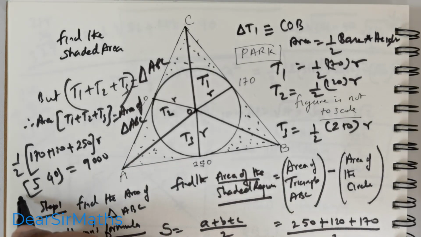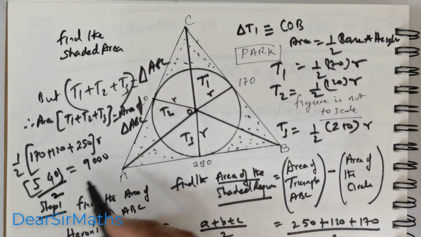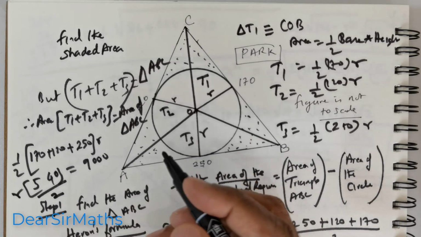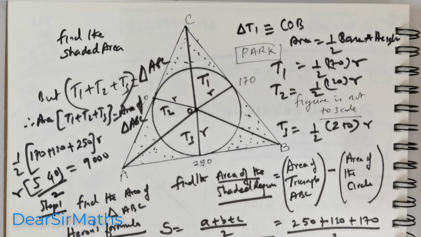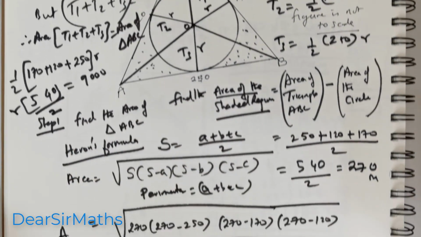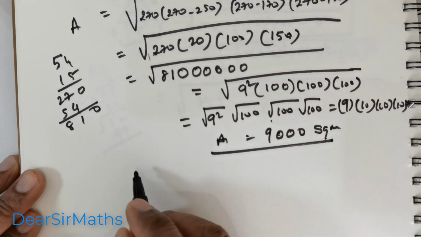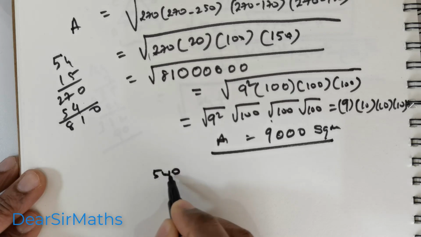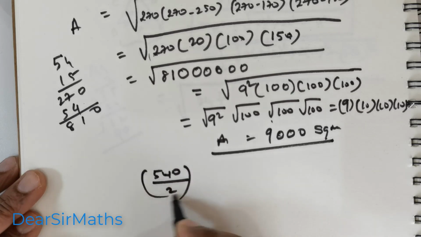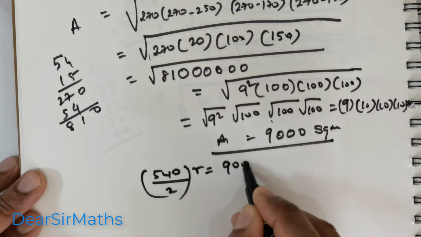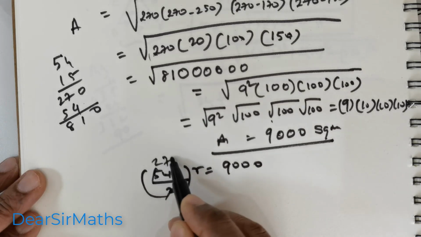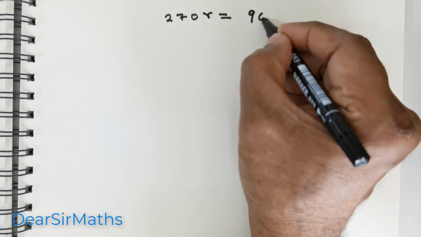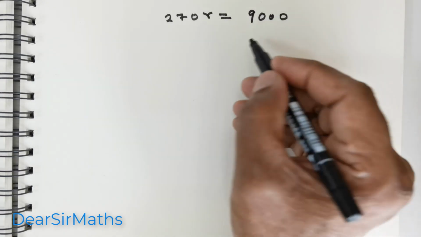So I have 540 divided by 2 times r is equal to 9000. So 2 divides here 270.